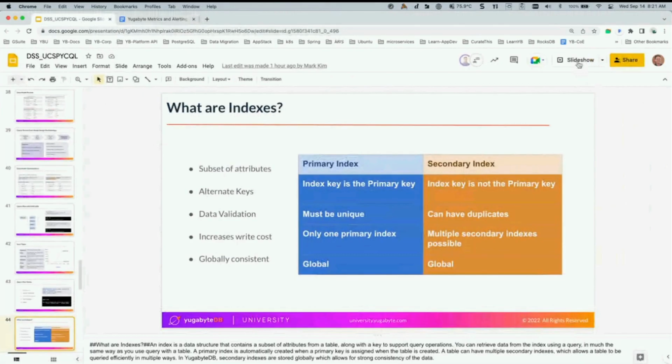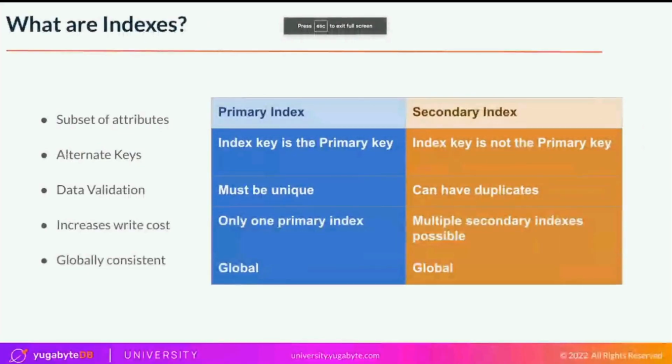A table can have multiple secondary indexes, which allow a table to be queried efficiently in multiple ways. In YugabyteDB, secondary indexes are stored globally, which allows for strong consistency of data. Definitely a big distinction with Cassandra. This is definitely a YCQL specific attribute, having that strongly consistent data replication.